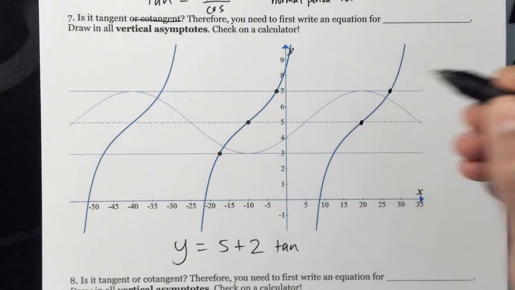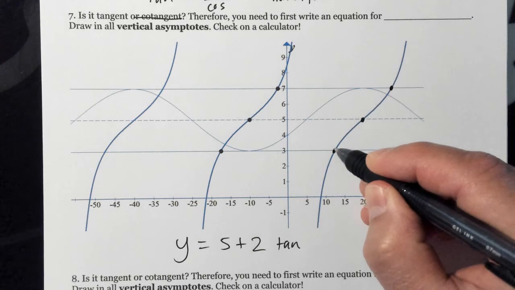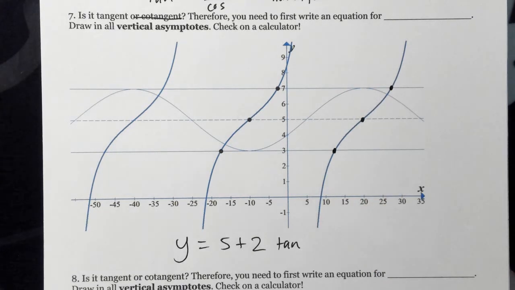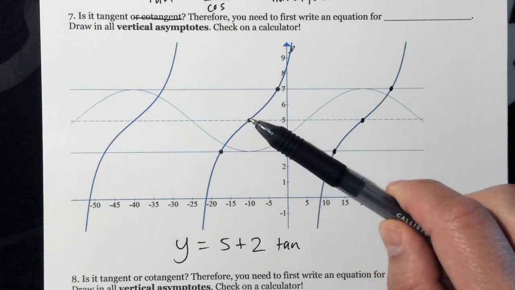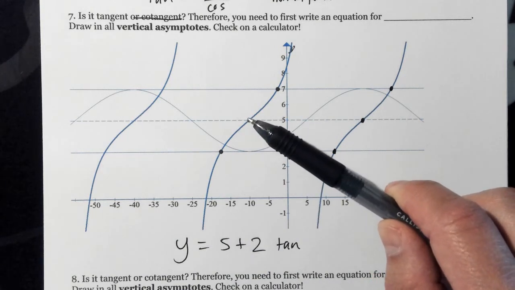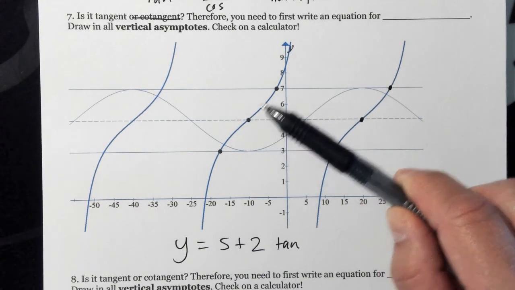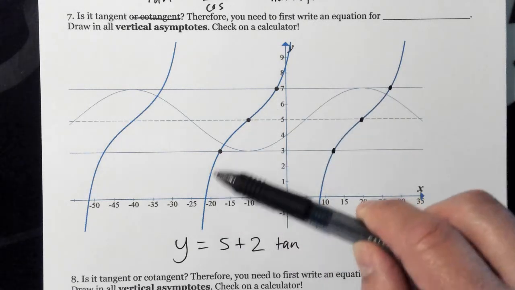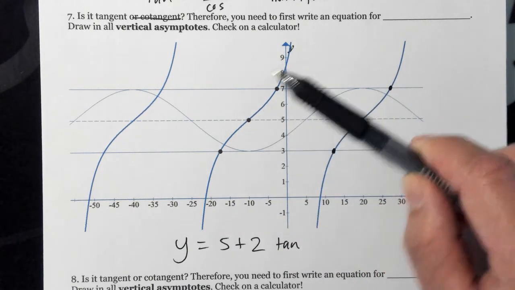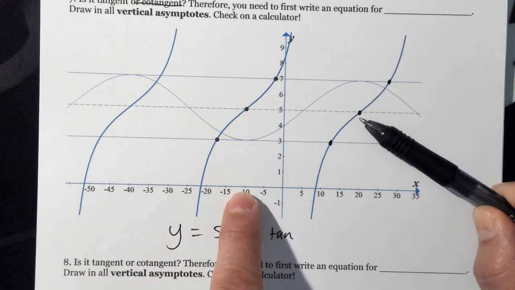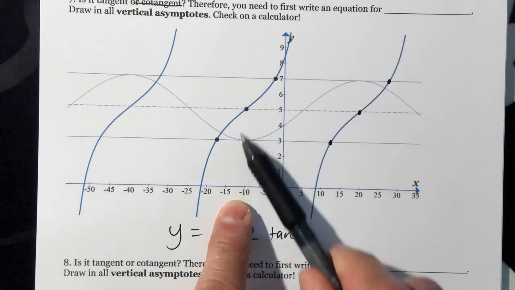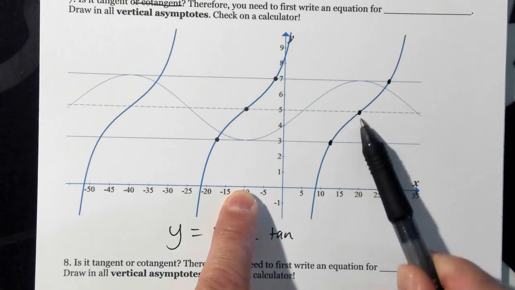Remember way back when we first started sinusoidal functions, the definition of a period is basically when does this point repeat itself. So let's pretend that's the first time it happens, and the next time it happens is over here. First time it happens is at, I'm going to call that, -10. Second time it happens is at +20.